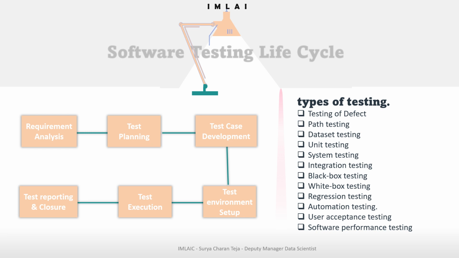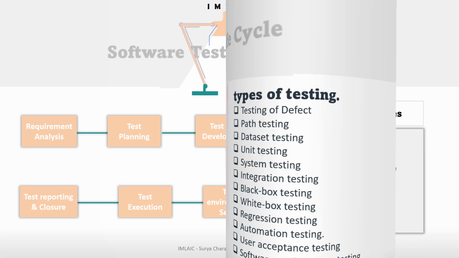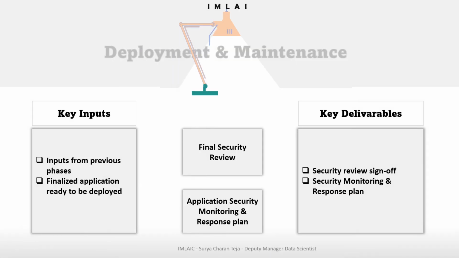And all set, all done. It's time to expose our application to the external world. That's what's left. After successful testing, the developed product is delivered or deployed to the customers for their use.